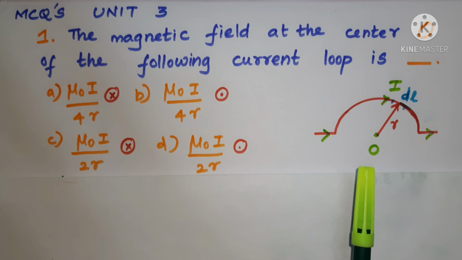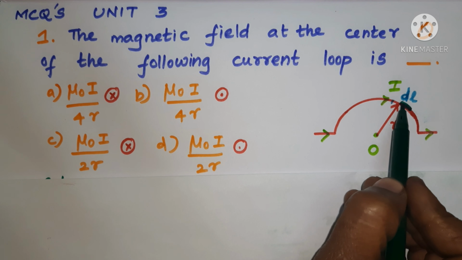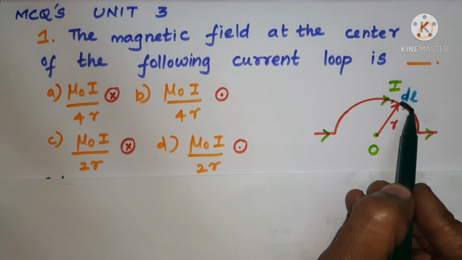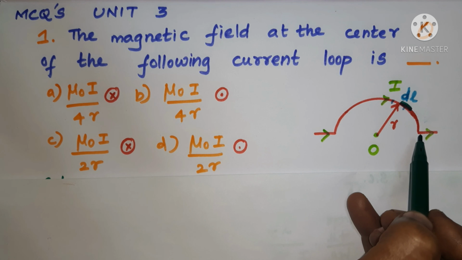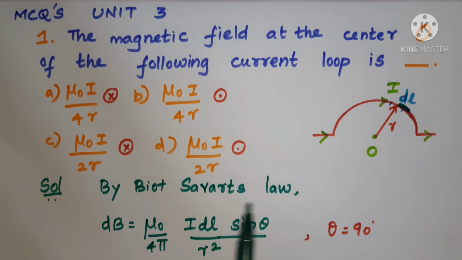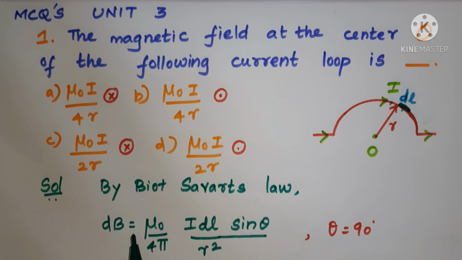The solution is: consider a small element dl on the current carrying loop. By Biot-Savart's law, we have dB is equal to mu naught by 4 pi I dl sin theta divided by r square.